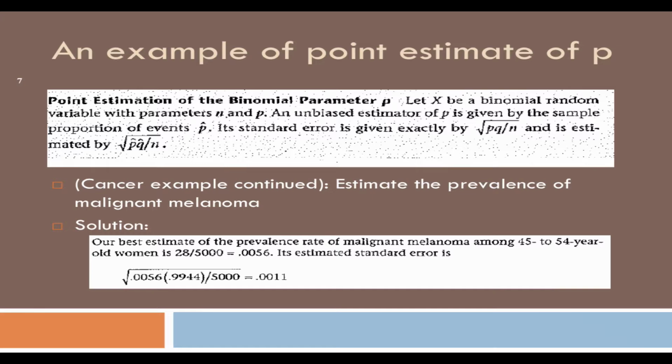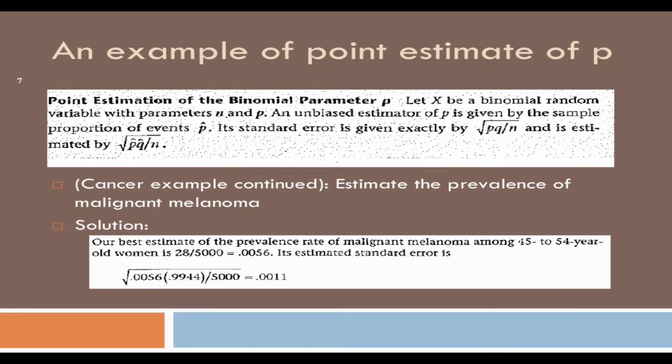Before that, actually, I want to give you an example that goes back to the previous context for the melanoma case. So in that melanoma case, our best estimate of the prevalence of the whole population in that age group in US is actually 28 over 5,000.